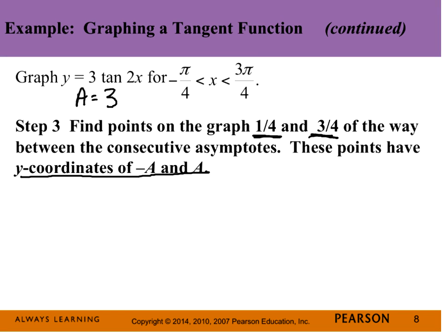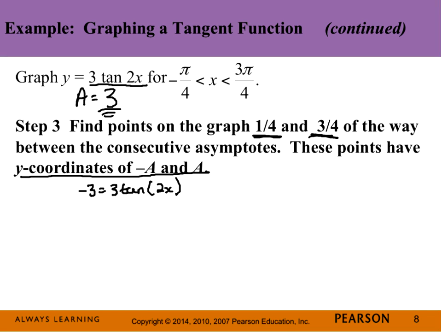So since I have y coordinates here, if I can solve the equation 3 times tangent of 2x, when it's equal to 3 and negative 3, then I will be able to find those x values where the graph lives in its y values at 3 and negative 3. So I'll find those 1/4 and 3/4 points I'm looking for. So we have negative 3 equals 3 times the tangent of 2x.